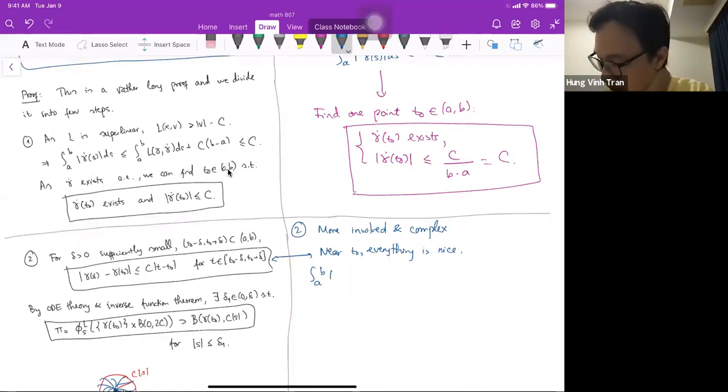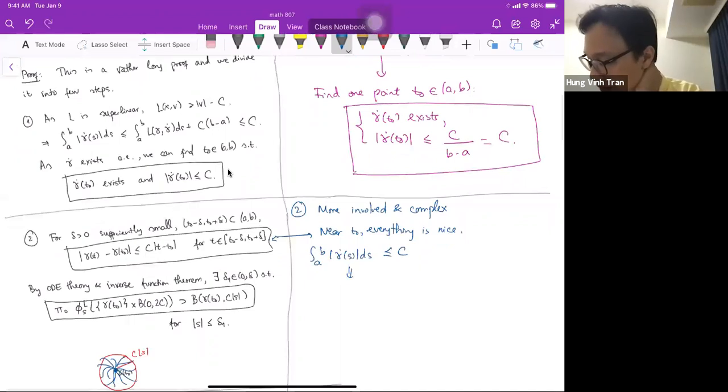The integral from a to b of gamma dot s ds is less than c, right? So in particular, you can throw away all pieces. This implies that, okay, so this is t naught, this is a, b.